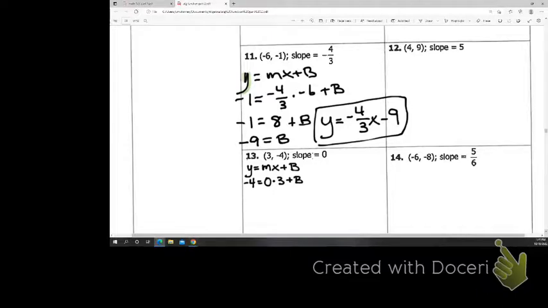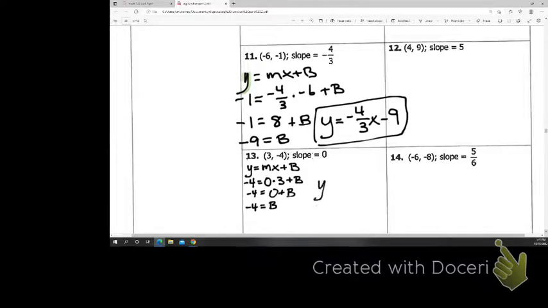So what is 0 times 3? 0. And what is 0 plus b? This is just b is negative 4, right? I don't really need a step where I take 0 away from both sides. In fact, when I see that 0 times 3 is 0, I could just have gone straight to b is negative 4.